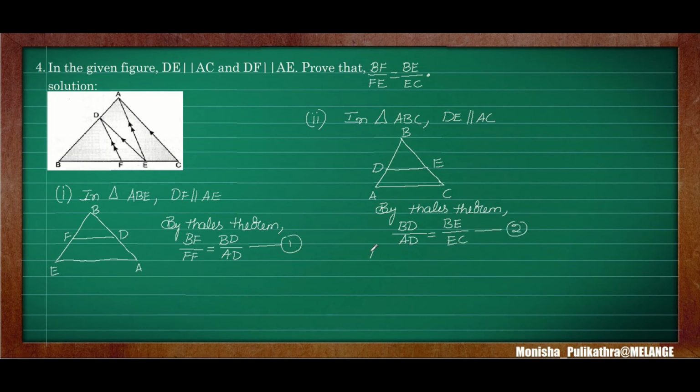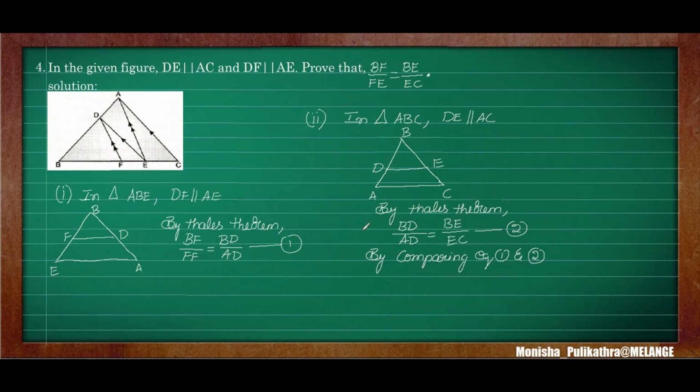So now we need to compare equation 1 and 2. By comparing equation 1 and 2, what happens? Here in equation 1, BD by AD is also equal to BD by AD here.